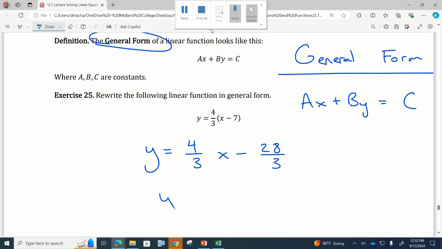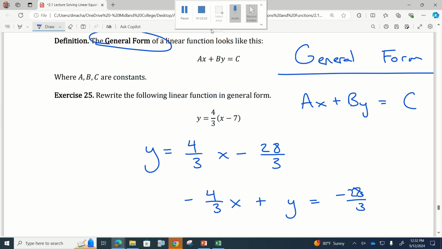And the only thing I have to do is subtract the 4/3 x to move it to the left side of the equation, plus y equals negative 28/3. Yeah, that'll do it. Now I'm in general form.